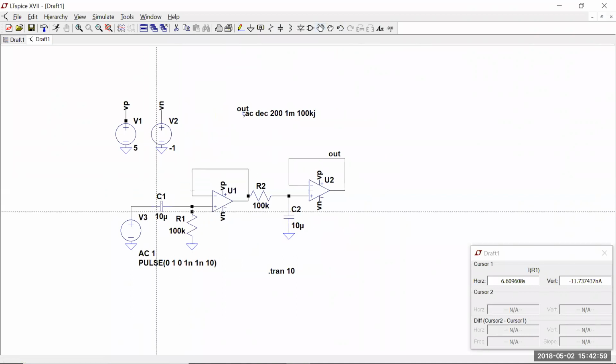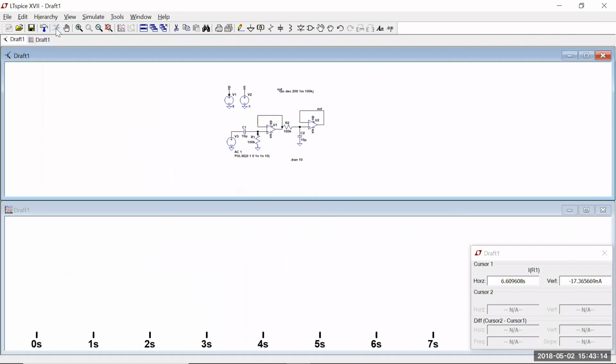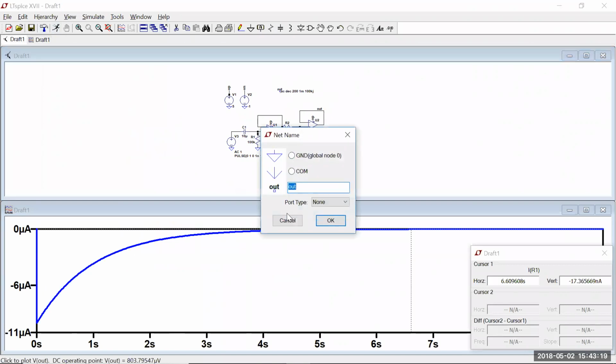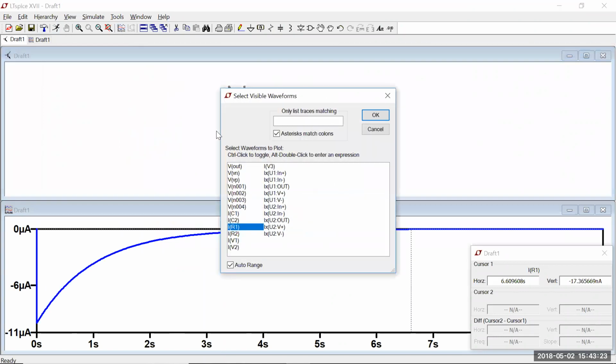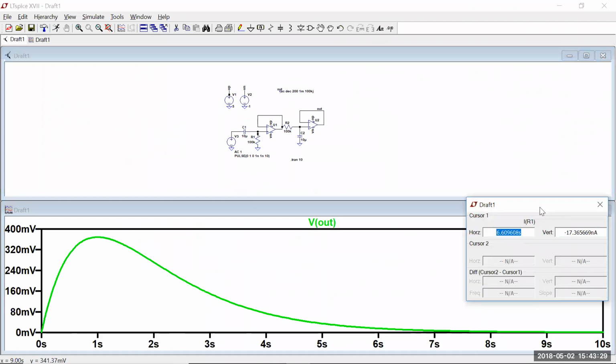Now I have a high and I have a low. I probably should get some kind of bandpass response. And I do.